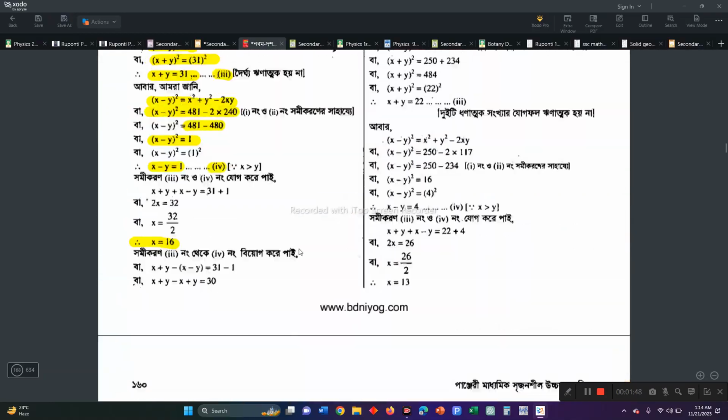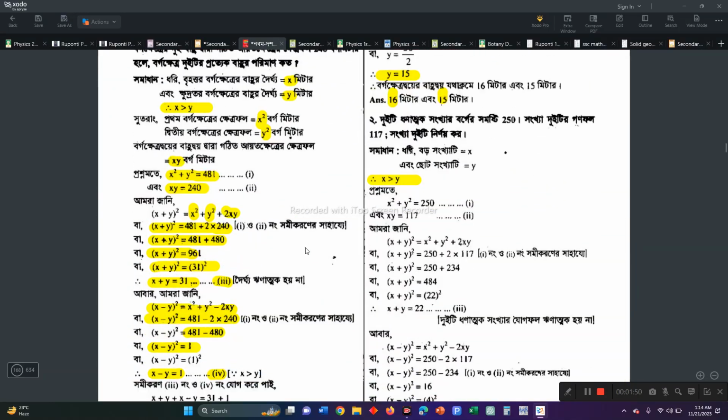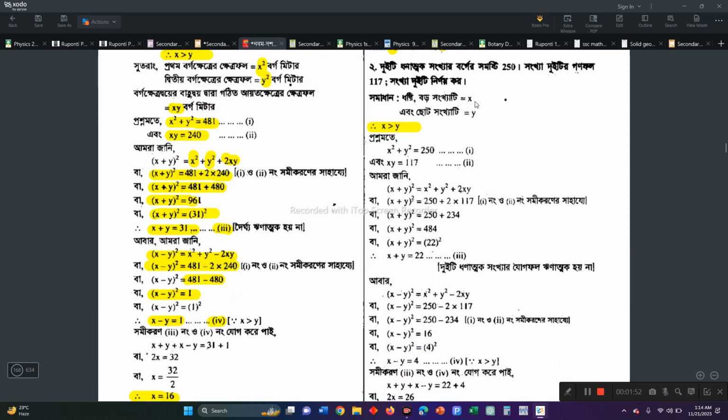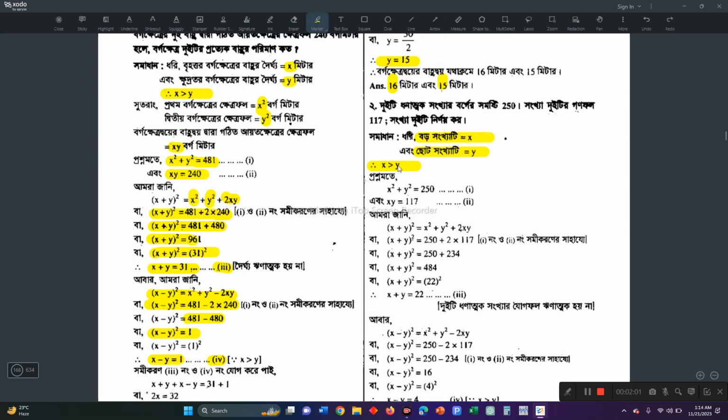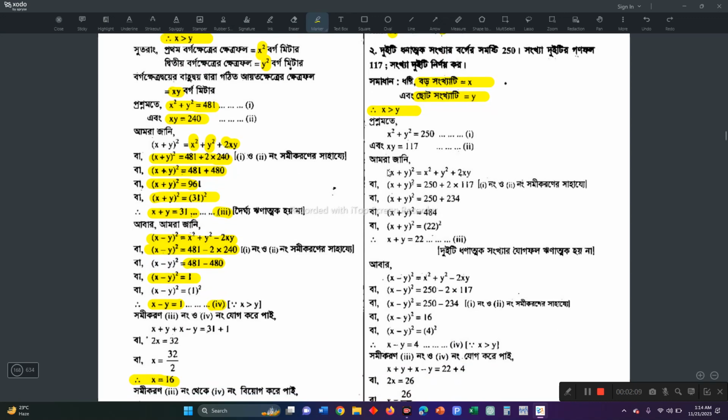So if we look at question 2, the larger number is x. You can write one positive number is x and another positive number is y. You do not need to mention that x will be greater than y, as they have only told about two positive numbers and any of them can be either.